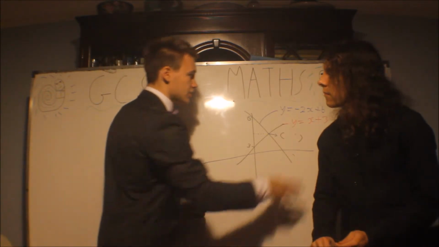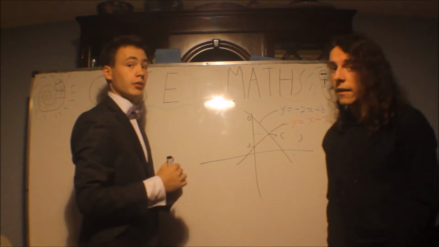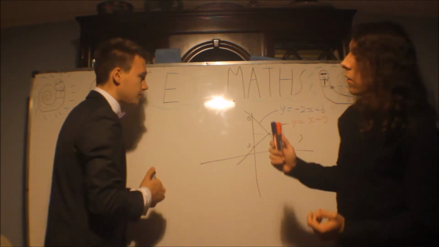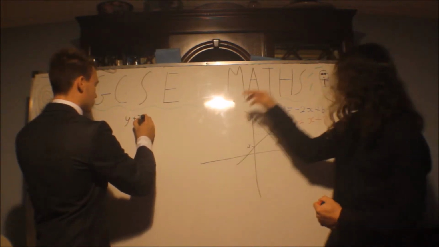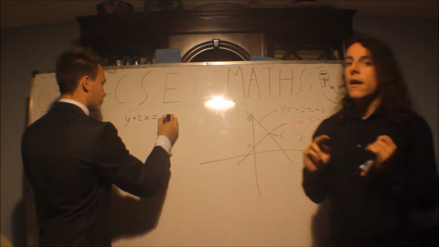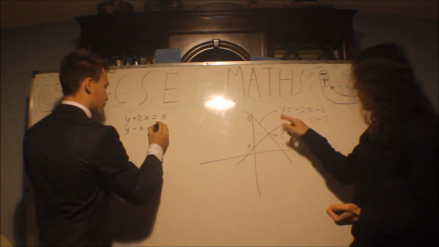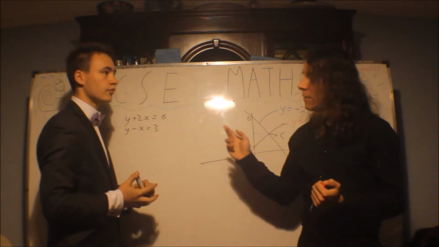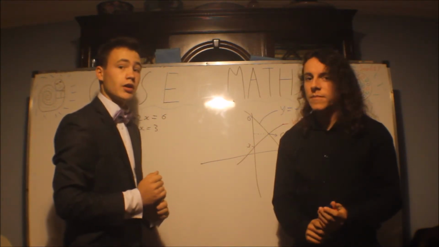Okay, so first step is to get the algebraic terms on one side and the constants on the other, as it were. So what Wayne's going to do now is put the 2x at the other side by plussing 2x, and on the bottom minusing an x. What we want to do is get rid of one of our two unknowns. Our unknowns are the y and the x, and each have a different coefficient. What's the coefficient, Wayne? The coefficient is the number in front of the unknown, Triv.